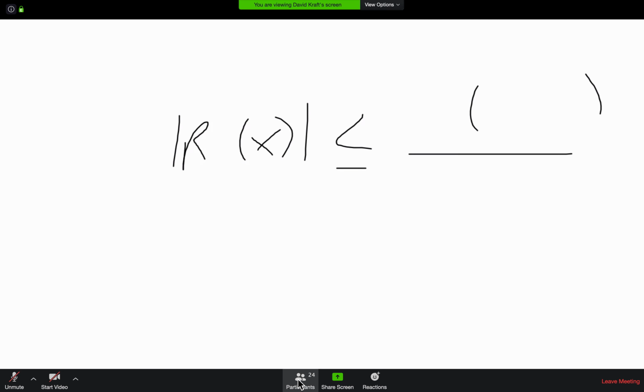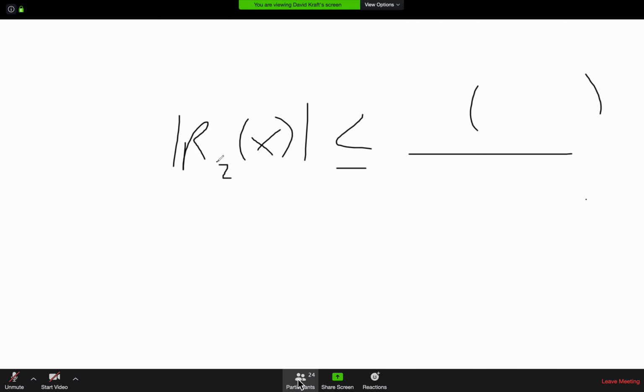So on that problem, what is the degree? Second. So it says the second degree Taylor polynomial, which means this is a second order remainder, yes?